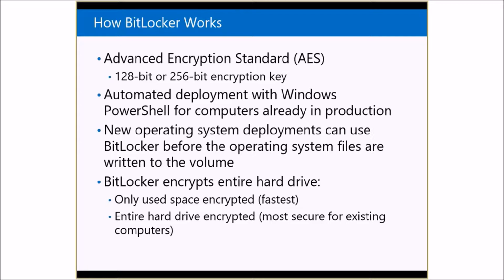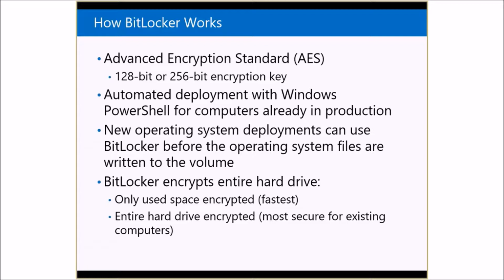New operating system deployments can use BitLocker before the operating system files are written to the volume. So we can actually lock it before we install the operating system. BitLocker encrypts the whole drive. If the drive is 60 gigs, let's say, there are two options. One is that only used space is encrypted, which is the fastest.